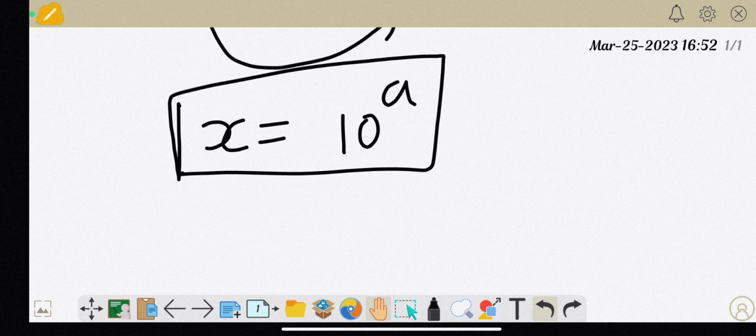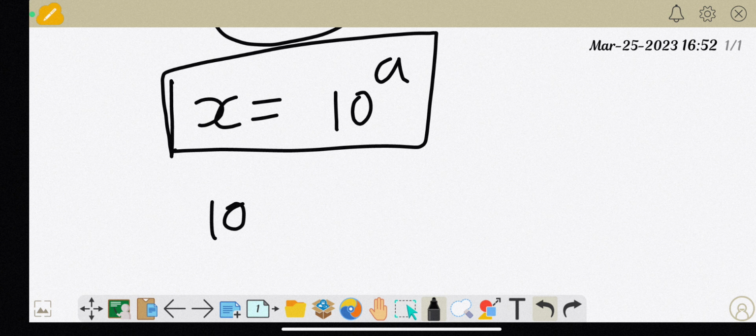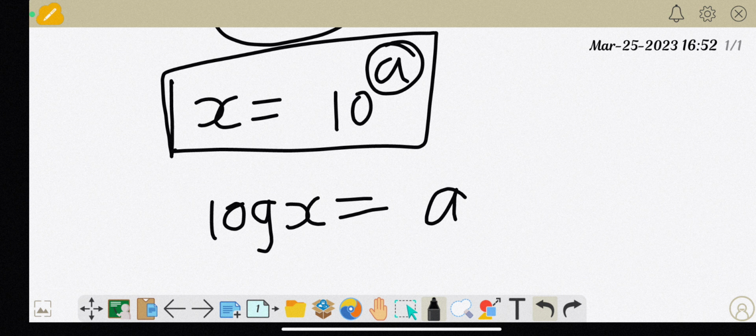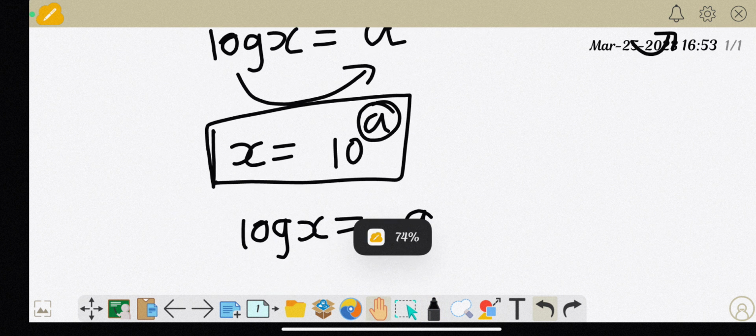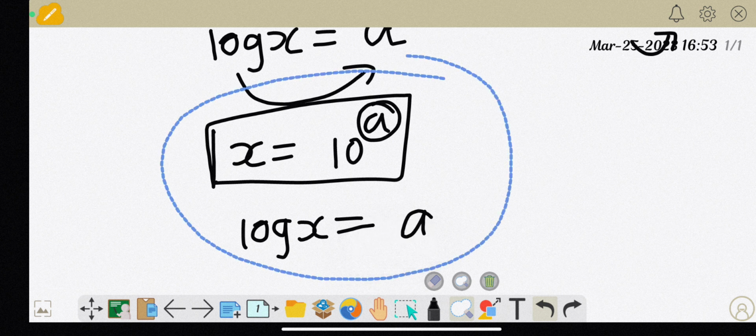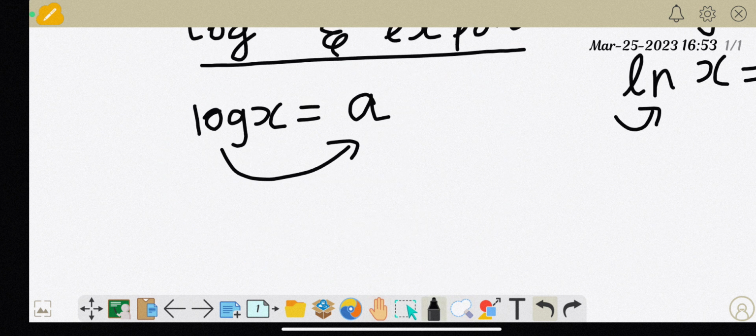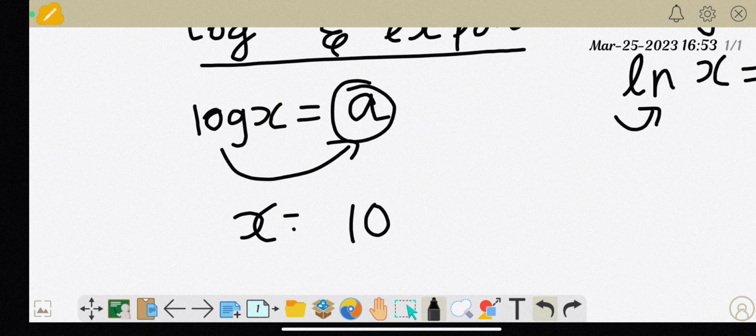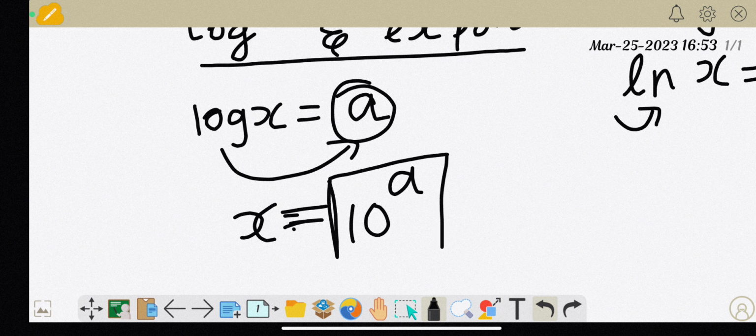Here if you apply log x, what is the answer you are going to get? a, correct. So how to convert log into exponential function? Just write x is equal to 10 to the power whatever term is there in the right hand side. This is how you convert a logarithmic function in terms of an exponential function.